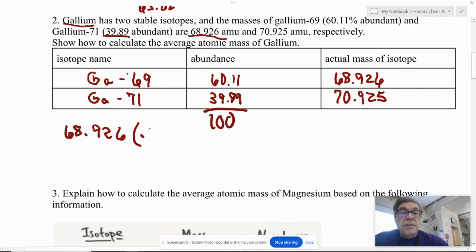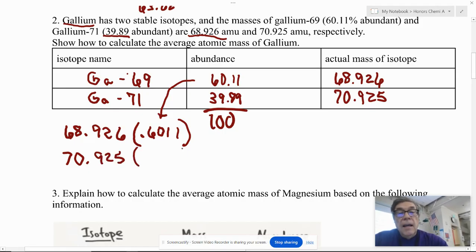And I think you guys are up to just doing that in your head. 60.11, that's the abundance, 0.6011. We just divided by 100. And the second isotope has a mass of 70.925 and has a relative abundance of 39.89.